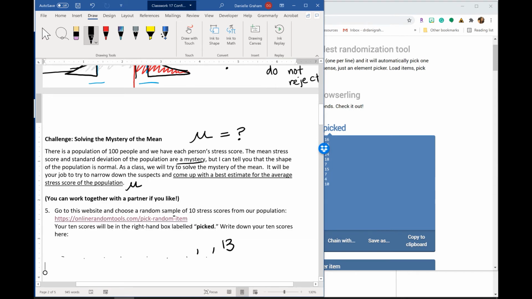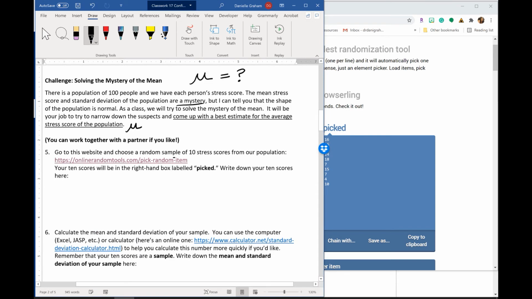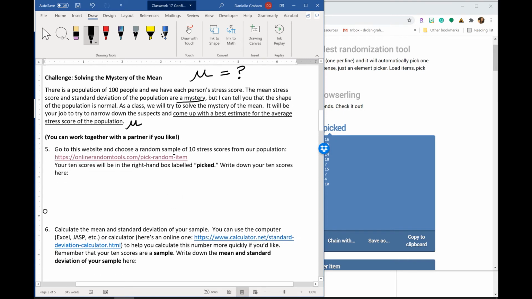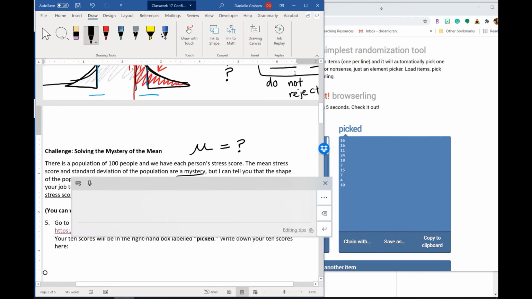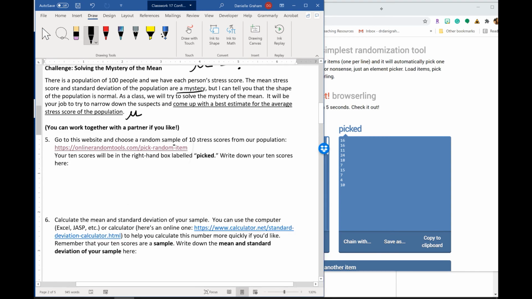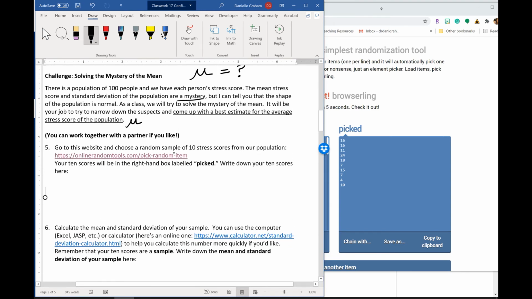So let me do this again. I could edit this all out and let you think that I do everything perfectly the first time. But this way you can see I mess up just as much as every other person does, right?